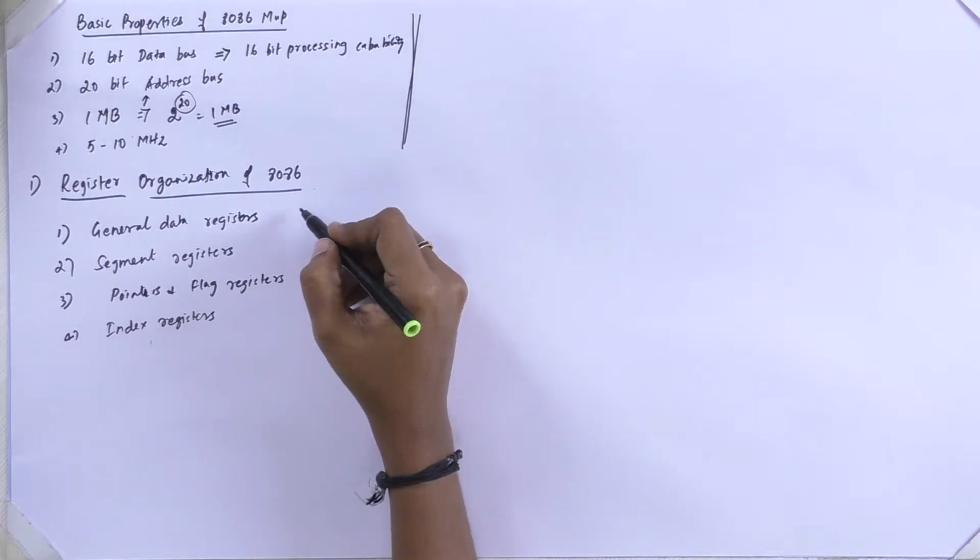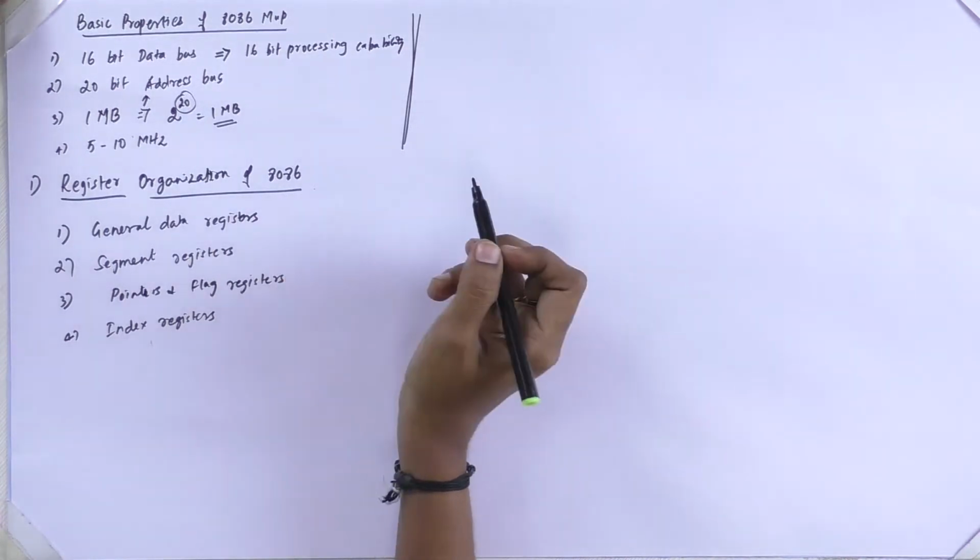So this is the general classification of register organization of 8086 processors.